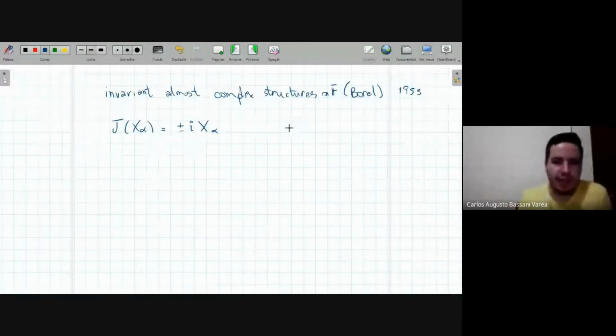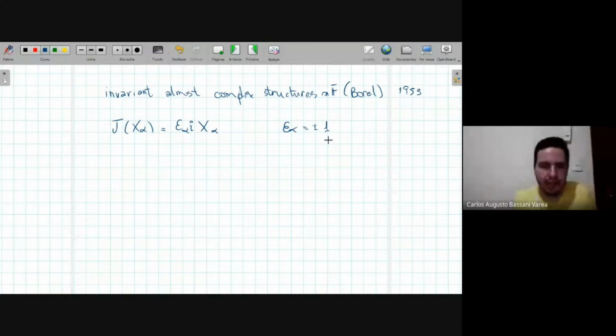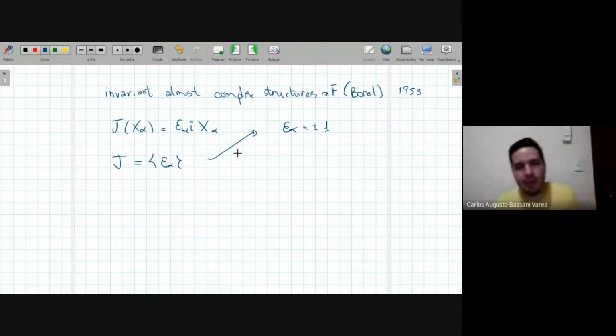So if we consider, let me write like this, epsilon alpha, where epsilon alpha is plus or minus 1. In some papers, you can find that J is described by the signs, where epsilon alpha is plus or minus 1.